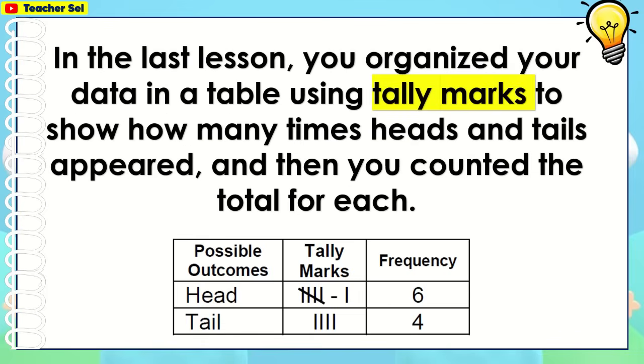In the last lesson, you organized your data in a table using tally marks to show how many times heads and tails appeared, and then you counted the total for each. For heads, we have 6. For tails, we have 4.